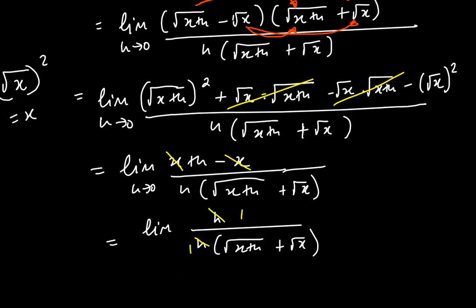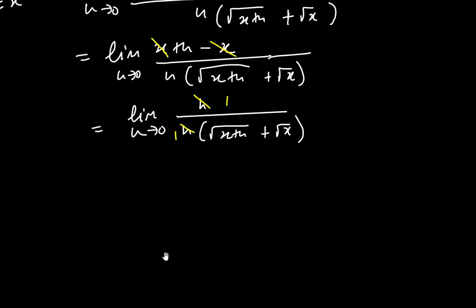Remember, h is still approaching 0. So it means we have the limit of 1 all over, now this is gone, so we're just left with square root of x plus h plus square root of x, as h approaches 0.